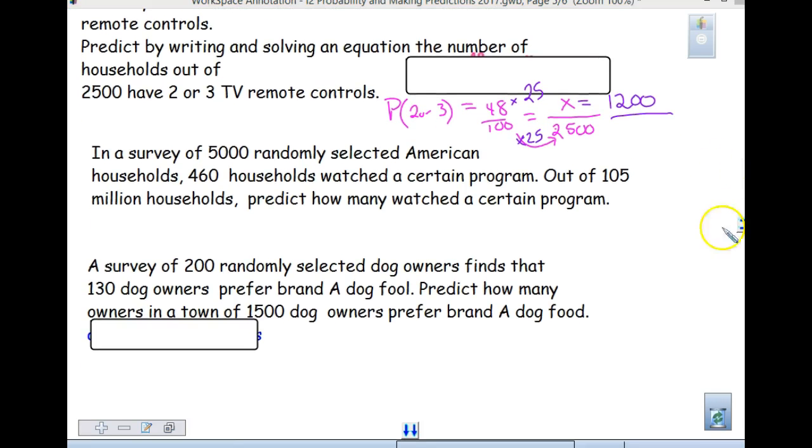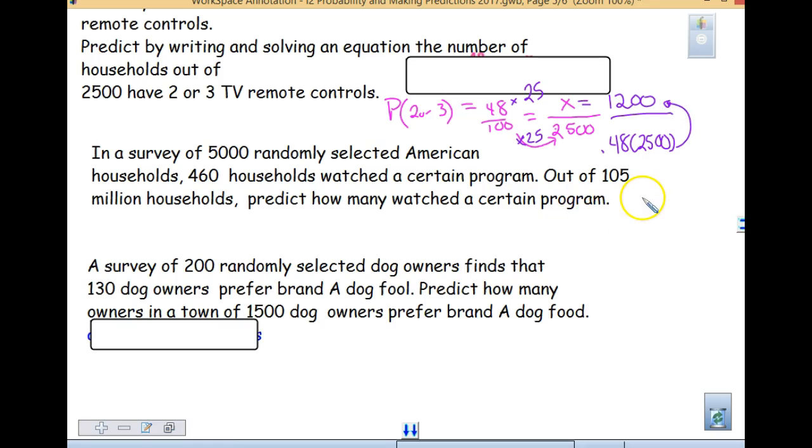It's 1,200. So, again, the other way you could have done that is you could take on your calculator 0.48 times 2,500, right? That's also going to give us 1,200.